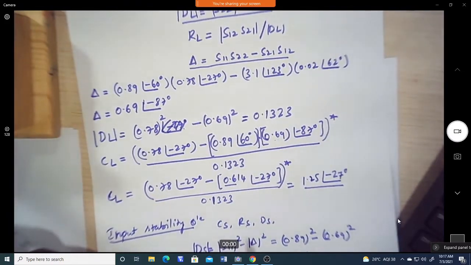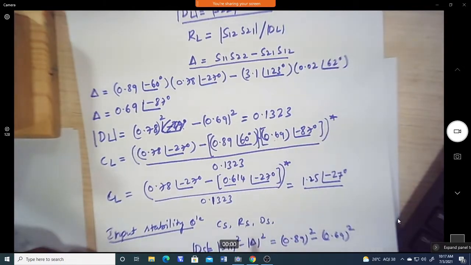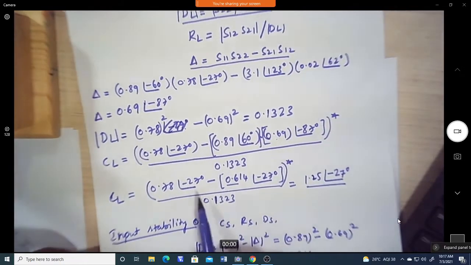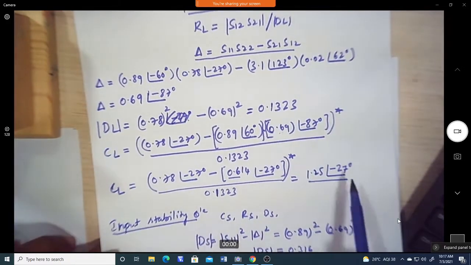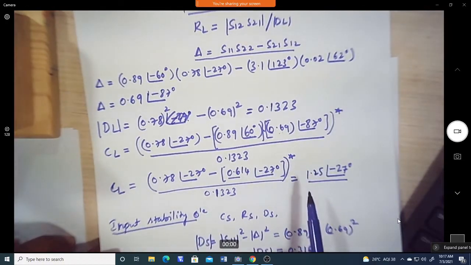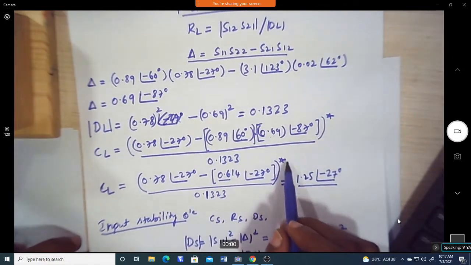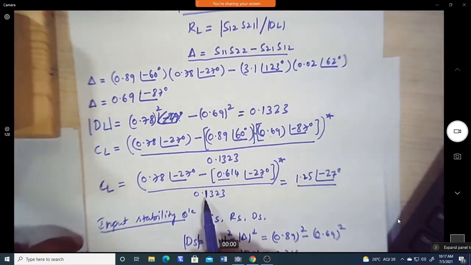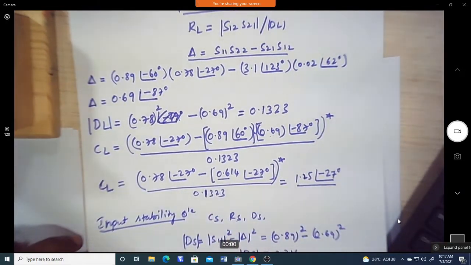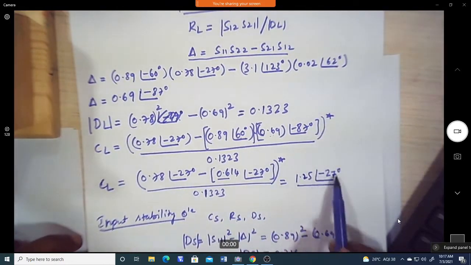Was it taken while calculating CL? No, sir. Then you have to take the whole complex conjugate and divide it by the magnitude.